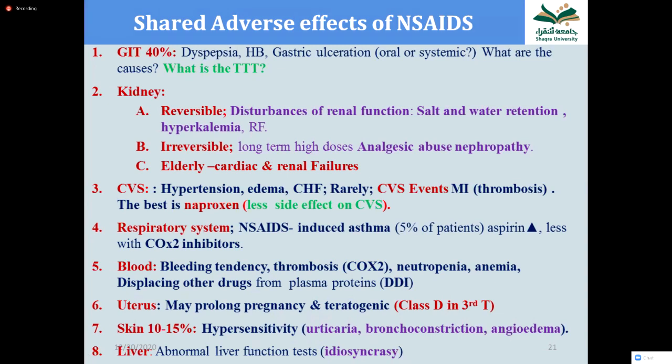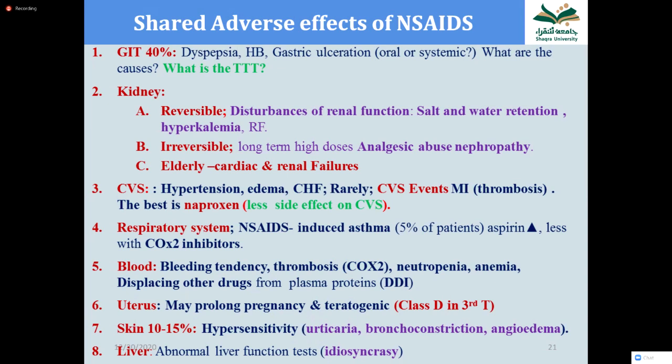Or if you are giving non-selective, you should give a proton pump inhibitor or H2 receptor blockers. These are the drugs which decrease the production of HCl in the GIT.